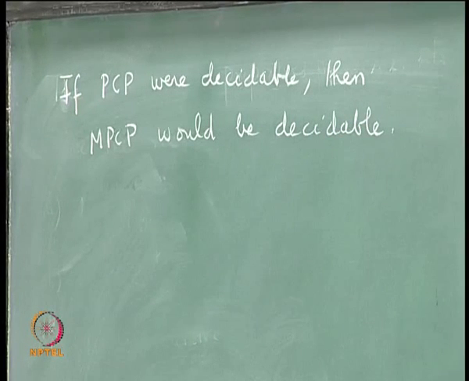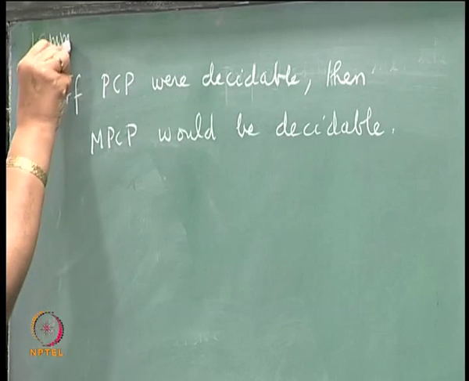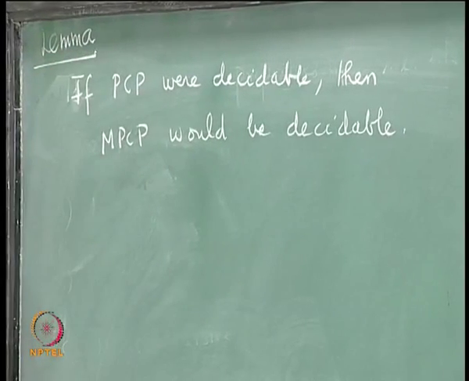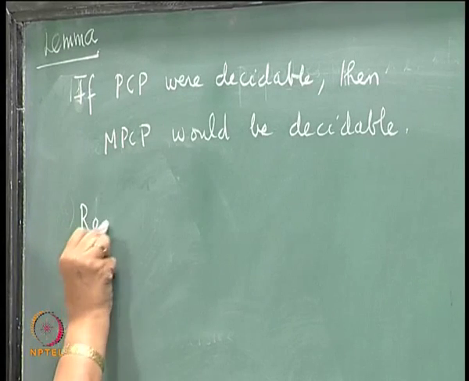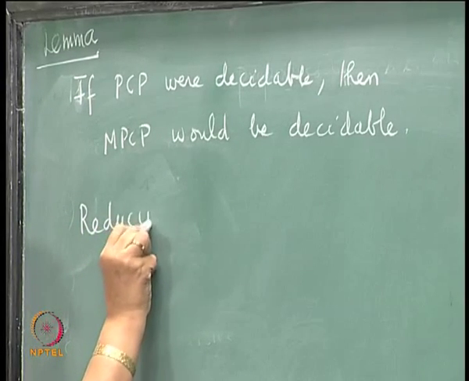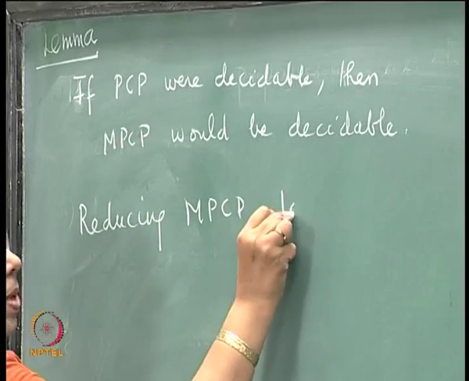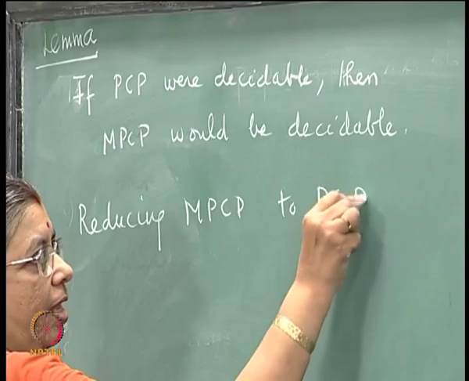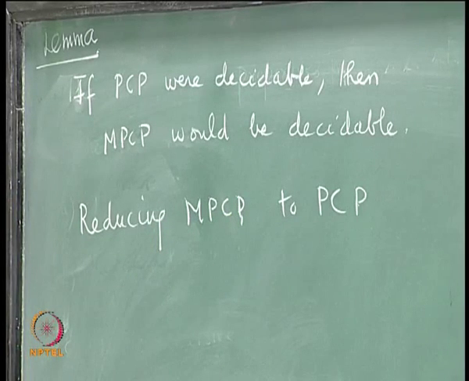If you can solve PCP, you can solve MPCP. This is a lemma. Or in other words, you are reducing MPCP to PCP. This is how you say, you are reducing MPCP to PCP.